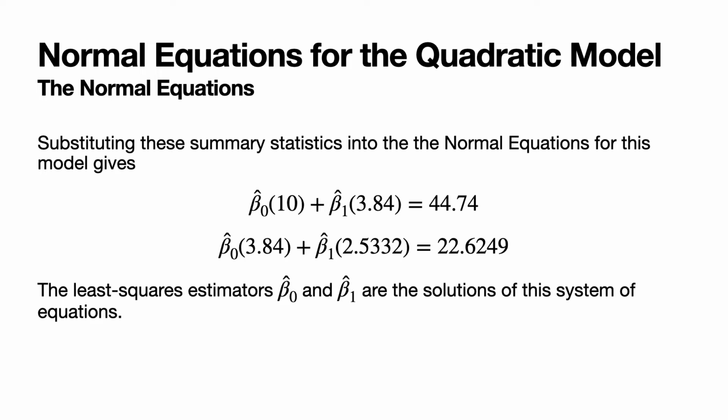The second equation is beta 0 hat times 3.84 plus beta 1 hat times 2.5332, and that sum must be equal to 22.6249. The least squares estimators, beta 0 hat and beta 1 hat, are the solutions of this system of equations.